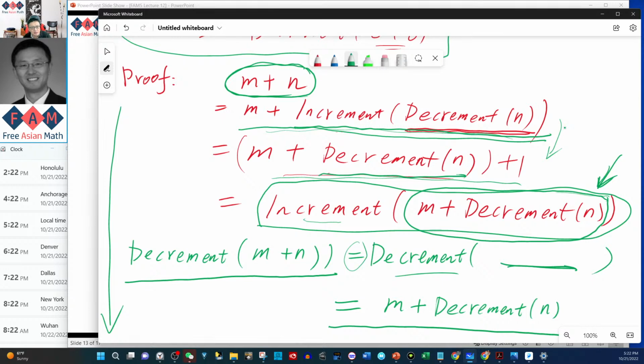So add 7 is really you first add 6, then add 1 more. So therefore, from here to here, you do inside first, and then add 1 more. That's just the definition of addition. And now we know this is just increment of this whole thing.